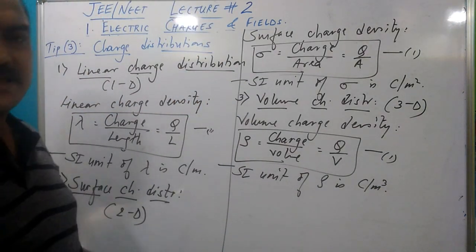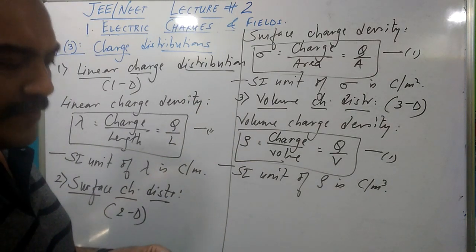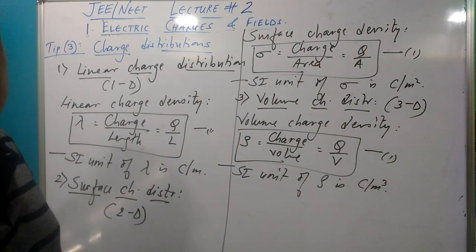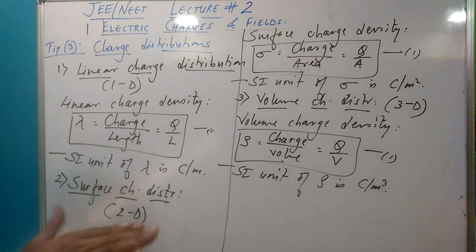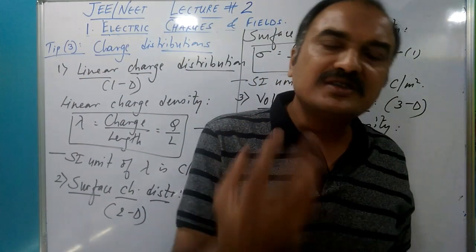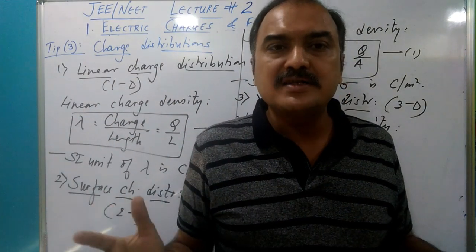Now the million-dollar question arises as to how we are going to use these. Let me make that absolutely clear. I'm going to do a couple of ideas related to this, and in that you will always see me first finding out these things. You might always see me asking what is lambda or what is sigma or what is rho. Once I get hold of that idea, that lambda or sigma or rho is going to help me understand how I'm going to define my system.